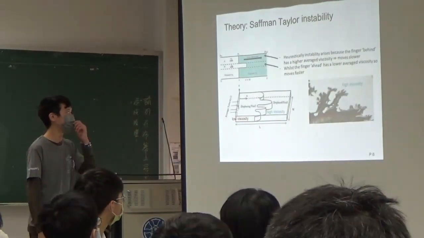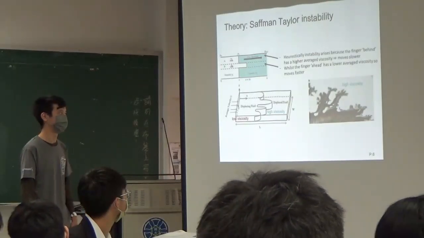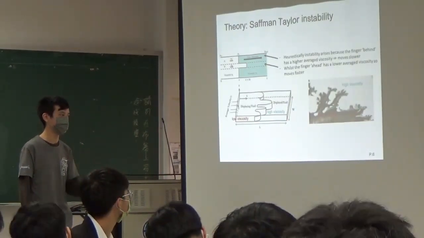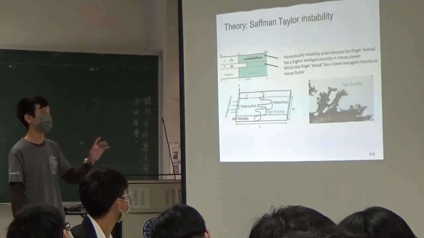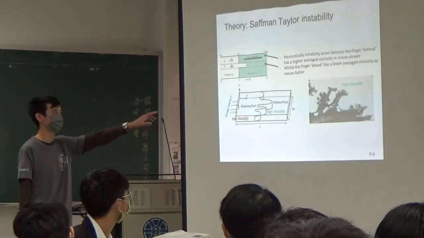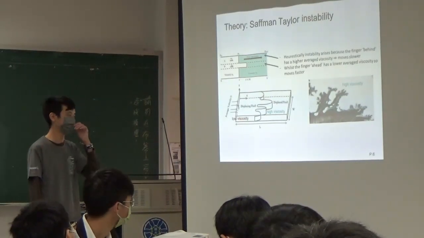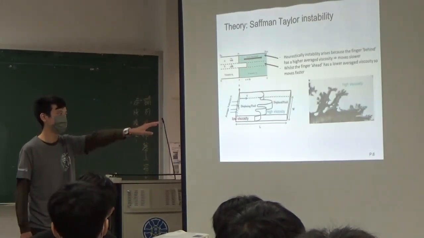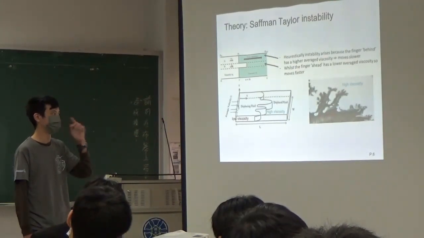And the next theory is Saffman-Taylor instability. The theory says that if two different liquids meet each other, and the invading liquid has a lower viscosity, a perturbation will gradually grow, since it locally reduces the pressure in the other liquid, and they will direct the pressure wave to further motion.